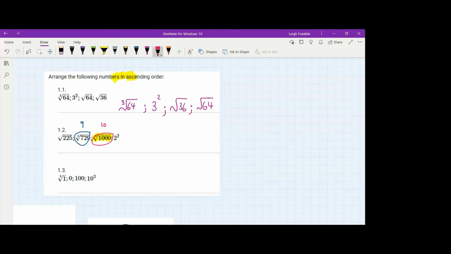Devin, what did you do for this question? Ma'am, I can't find the answer, ma'am. Okay, what's wrong, Kat? For 1.1, is it not smallest to biggest? Yes. What did I do? 3 squared is 9, isn't it? Yeah, so isn't this bigger than 4, 6 and 8?